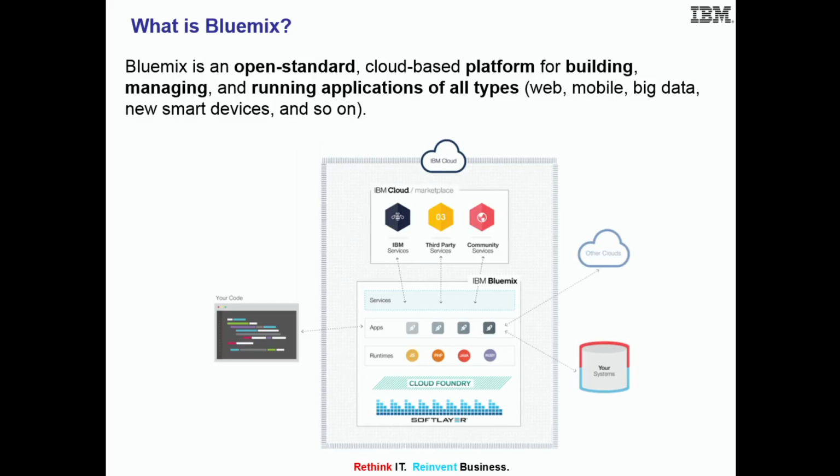Besides this Cloud Foundry layer, Bluemix also provides a repository for application code. You have a choice between Git and Jazz. Jazz is an IBM product.